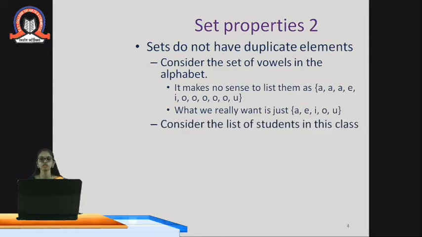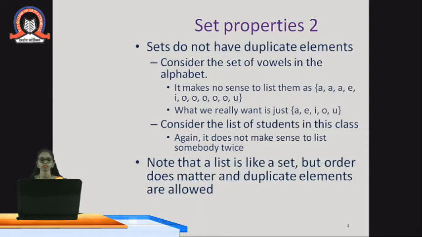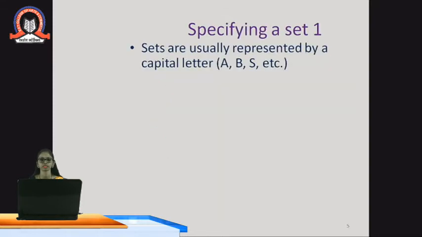Consider the list of elements in this class. Again, it does not make sense to list somebody twice. Note that a list is like a set, but order matters and duplicate elements are allowed. We won't study lists much in this class.